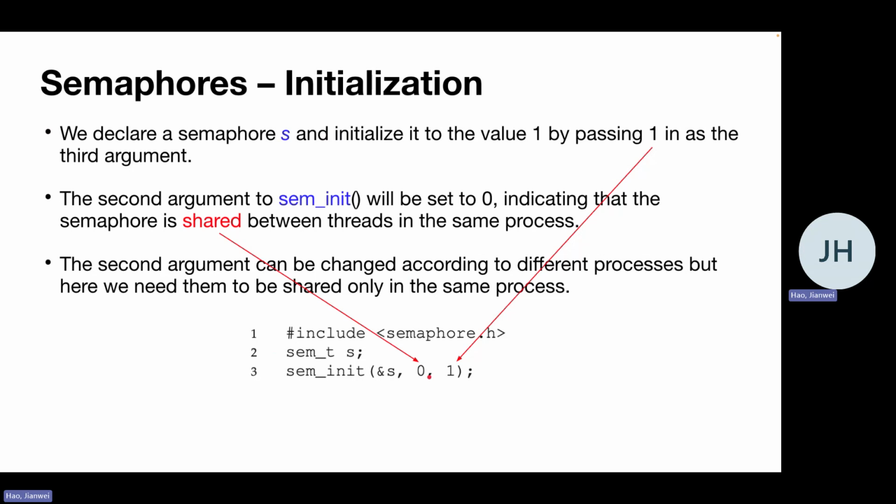That means the semaphore is shared between the threads in the same process. This argument can be changed for different processes, but in this example, we use it shared only in the same process.